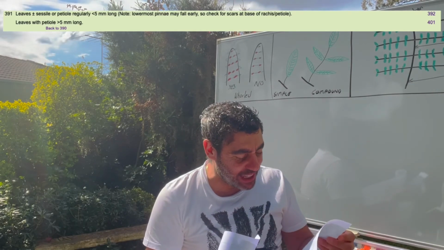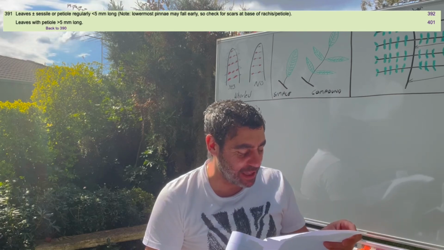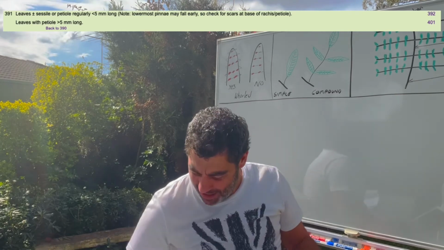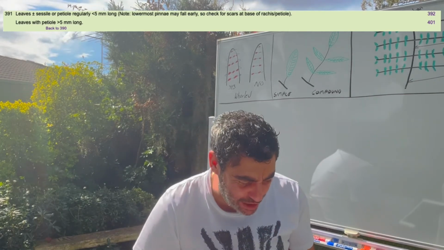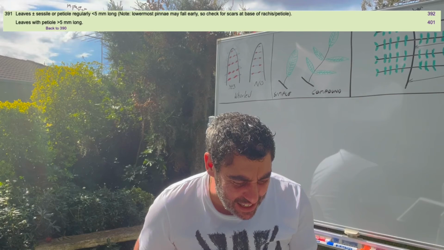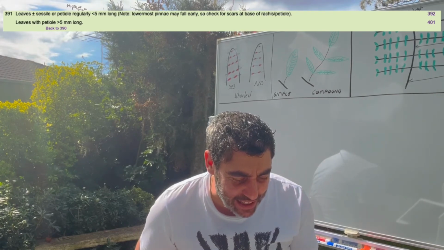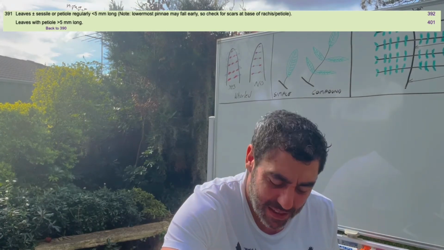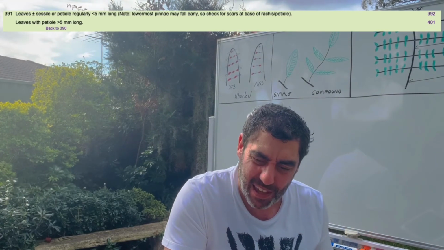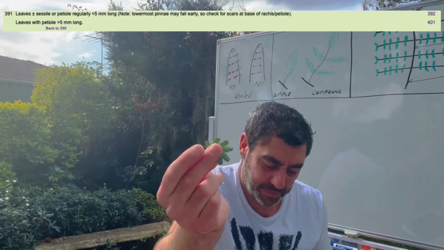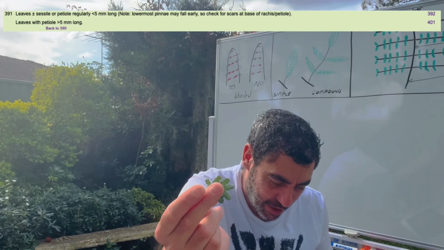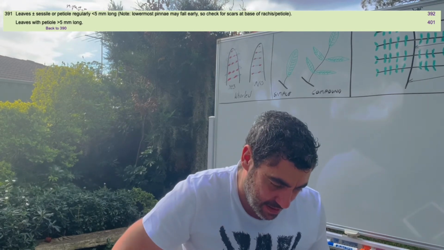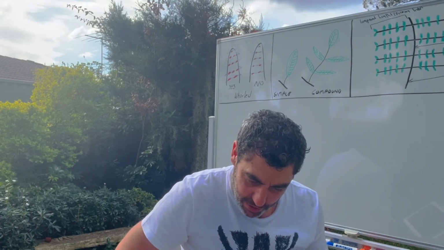Sessile is when the leaf blade is attached directly to the stem, that is, when there is no petiole. This particular question: leaves sessile or petiole regularly less than 5 millimeters long. And that's what we have. We've checked that and we know that. So we go to 392.